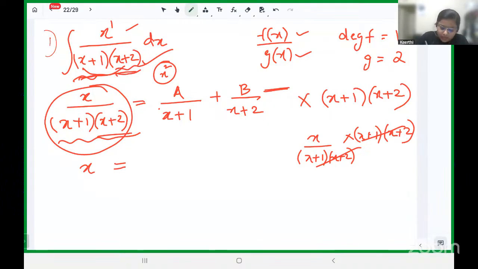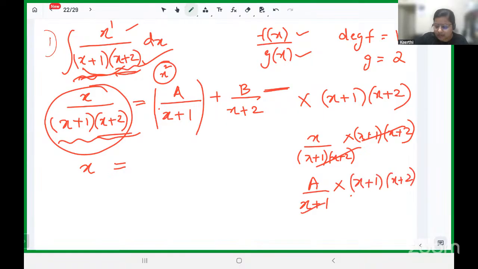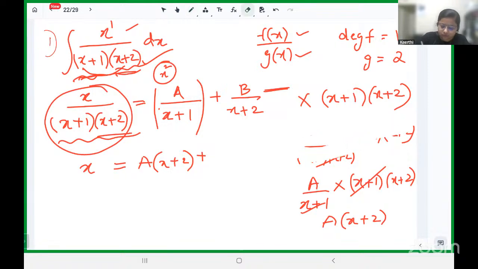Now what happens if I multiply this portion, a by (x plus 1), into (x plus 1)(x plus 2)? This x plus 1 and x plus 1 get cancelled, right? So the second term will become a into (x plus 2). Now what happens to the third term?